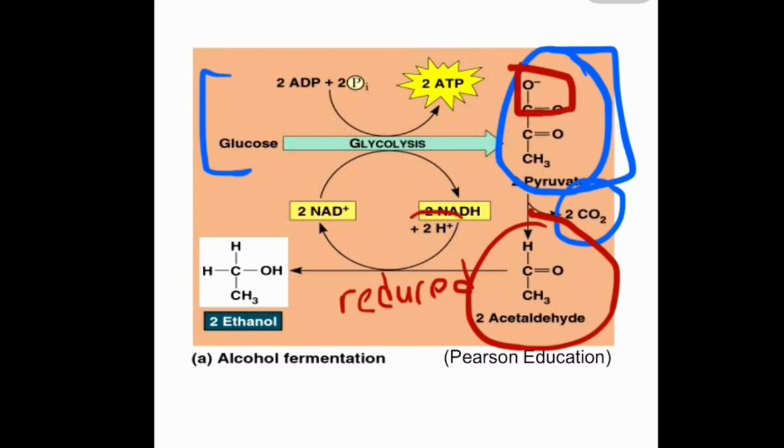So 2H plus dengan 2 elektron akan digunakan oleh acetaldehyde ni direduce menjadi 2 etanol. So bila 2H+ ni dah diberi ke acetaldehyde, dia akan jadi NAD+. Okay, 2 NAD+ dah hasil, dan NAD+ ni boleh sustain glycolysis. Sebab tu dia macam cycle.